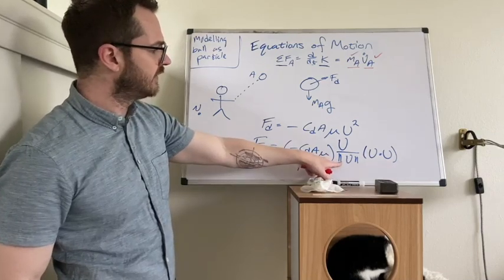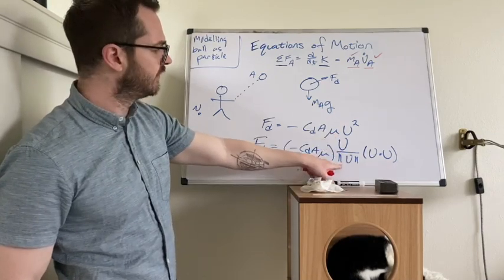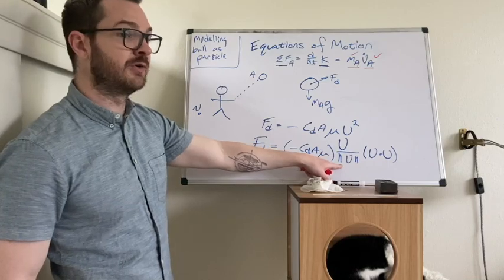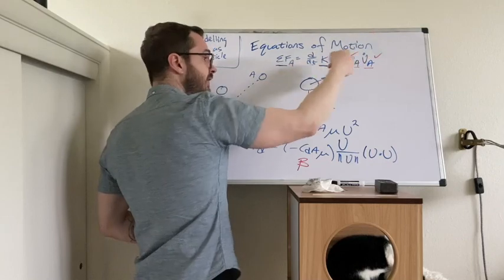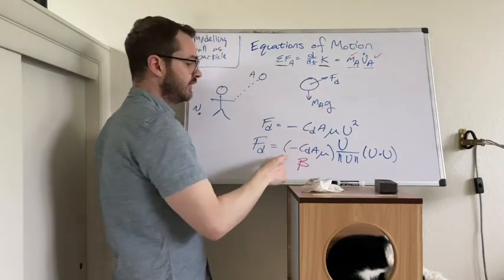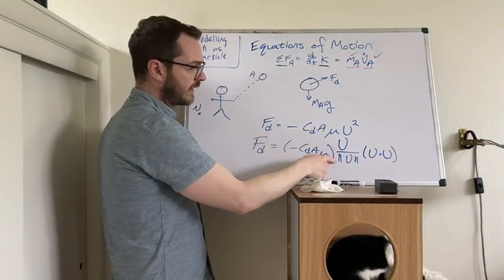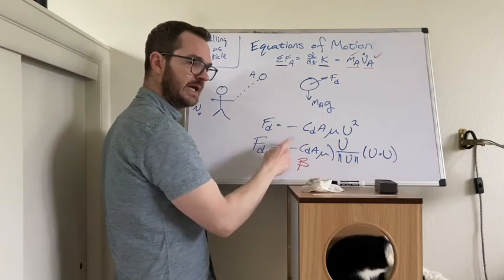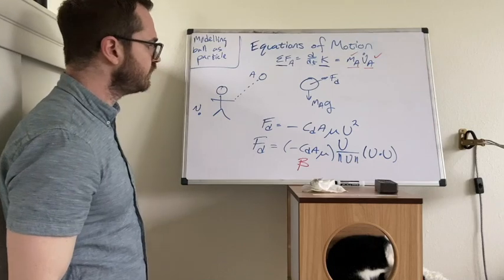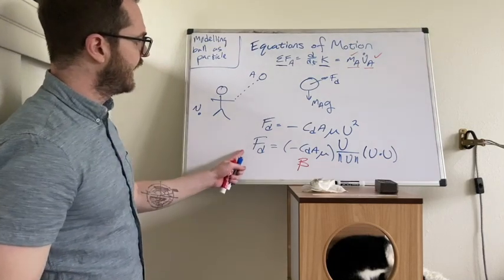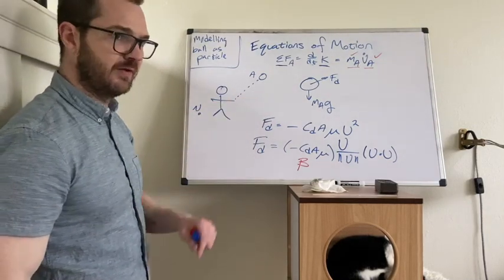U divided by magnitude of U normalizes and gives us a unit vector, so this captures the direction. Clearly, if the ball is going this way, then the drag is pointing in the other direction. So the U over magnitude U unit vector, with the negative, will reverse the direction, and then this will carry the magnitude. Okay, we have this, and we have this.